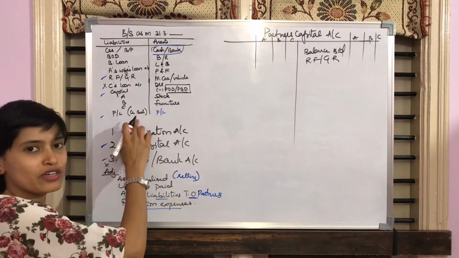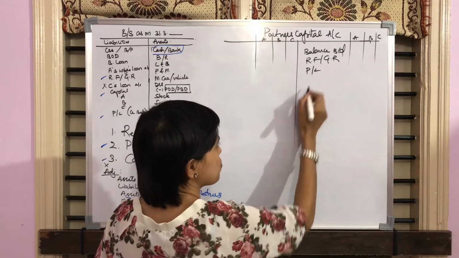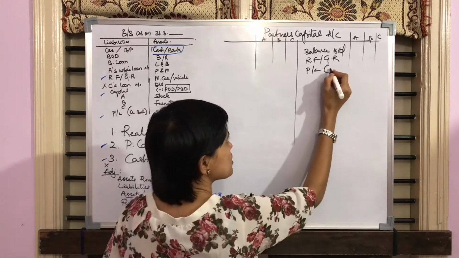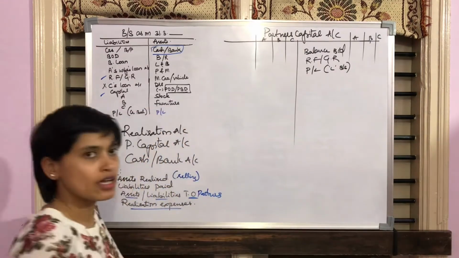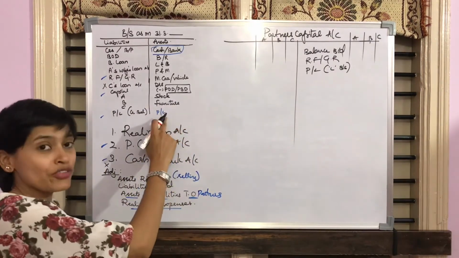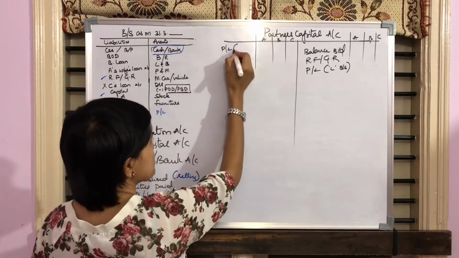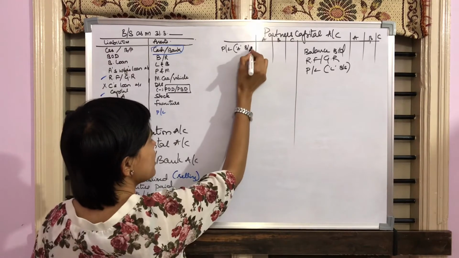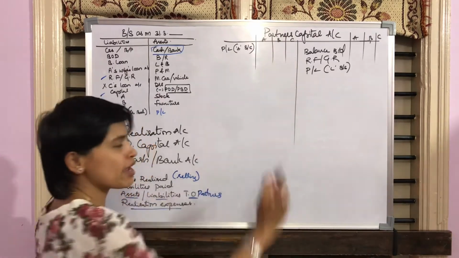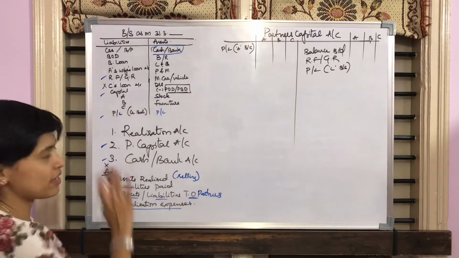If there is a profit and loss account, write it on the credit side as profit and loss account. This is what is reflecting in the liability side of the balance sheet. If it is on the asset side of the balance sheet, then you need to write profit and loss account on the debit side, and distribute in their profit sharing ratio. So this is with respect to the balance sheet.